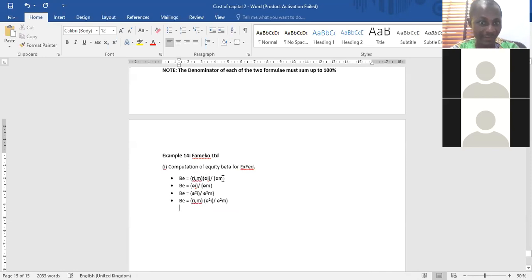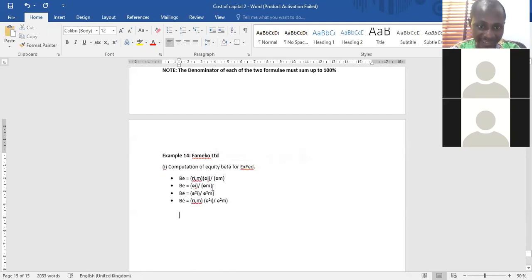Now, the first one which I've explained earlier: R represents correlation, and this represents standard deviation. So this is the correlation of the investment return with the market, this is the standard deviation of the investment, and this represents the standard deviation of the market return.